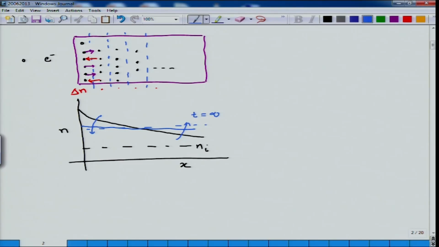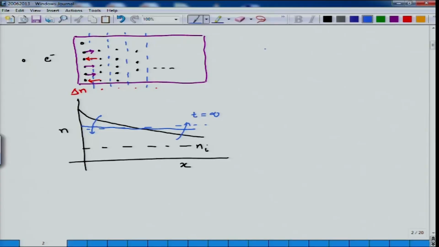This is the reason for the diffusion process, and we have this in most materials, because the device structures or the material itself have a non-uniform carrier concentration.